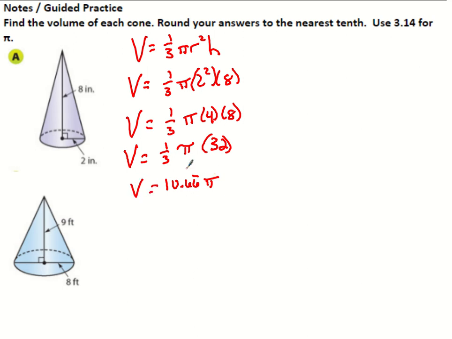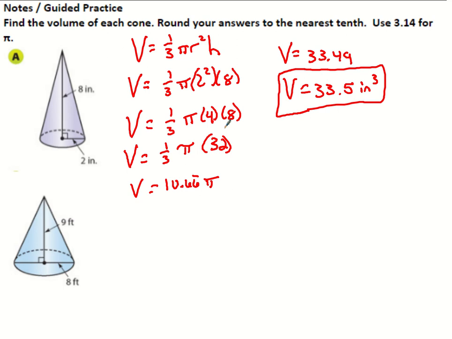Now I multiply that by 3.14. When I do that, I get 33.49, which rounded to the nearest tenth is 33.5. So the volume of this cone is 33.5 inches cubed.